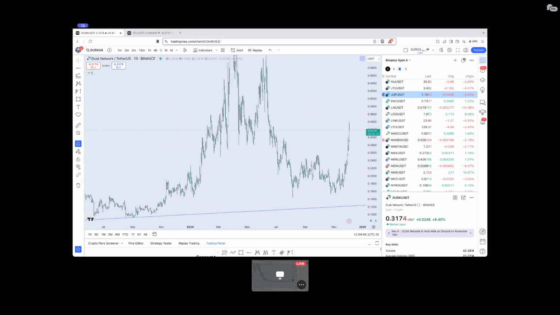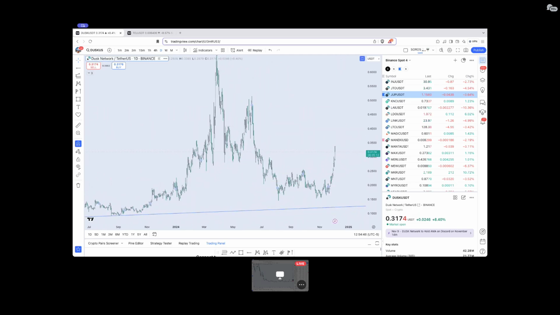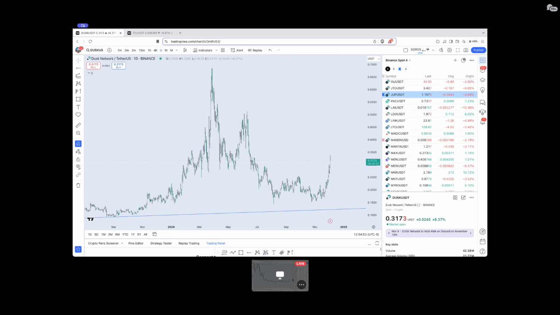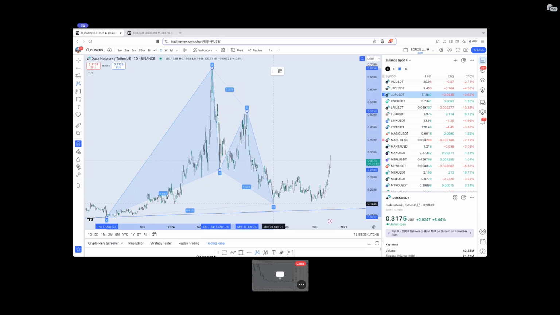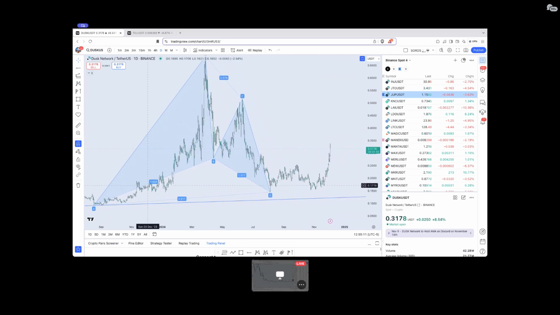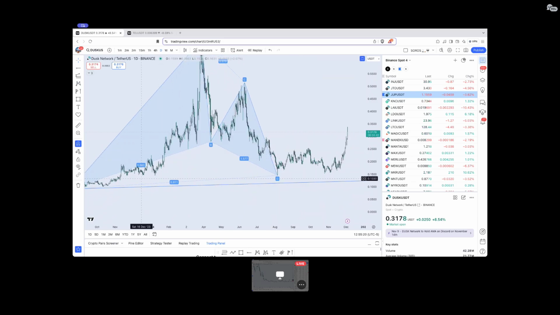Oh, Dusk is a harmonic, bro. It's actually running to TP1 right now. See, not every coin is a harmonic, dude. You gotta be very judicious about which coin is a real proper harmonic. Not every coin is. This one is. It's a little deeper on the 683. You want it around the 618 or lower. And this one's a little deeper because of a liquidity raid that took out these lows.